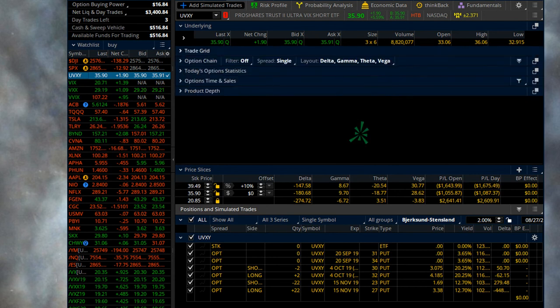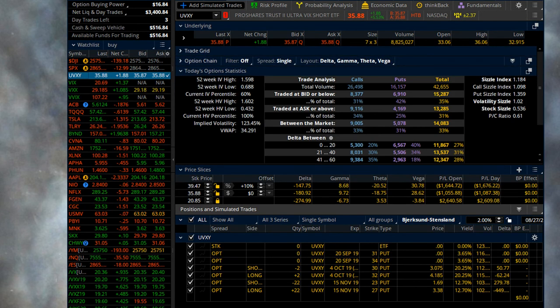There's this other interesting option statistics that shows how many traded at the bid or below, and how many traded at the ask or above. And you know what? Usually when I look at these things, they all are pretty even in every single stock. Usually when you look at these particular stats, it's not that useful.